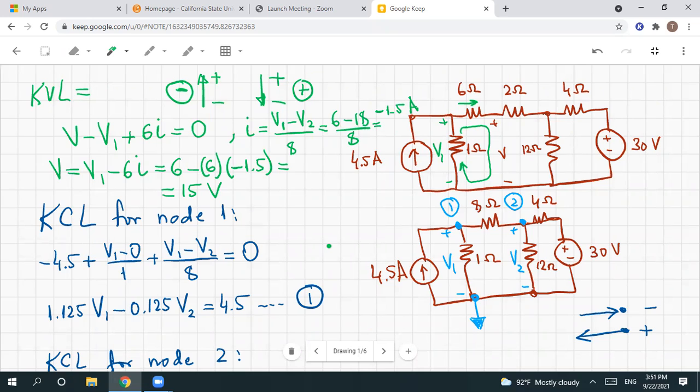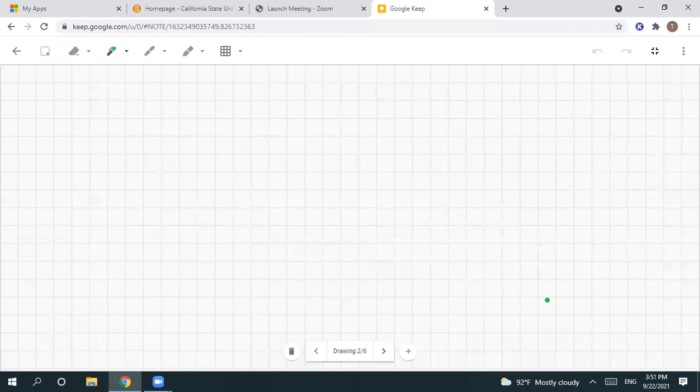Let's solve another example, and in this example, we will have an independent voltage source with a supernode. So let's have the following circuit. We have a voltage source of 12 volts.